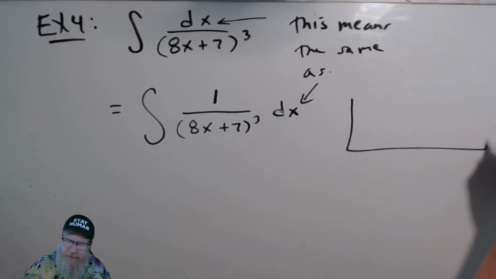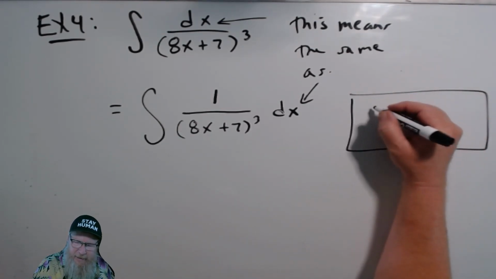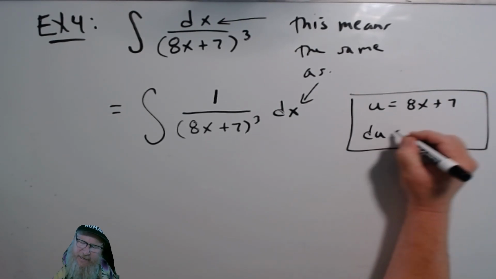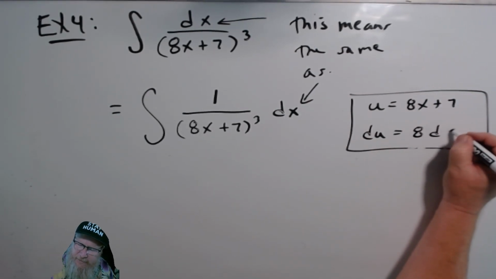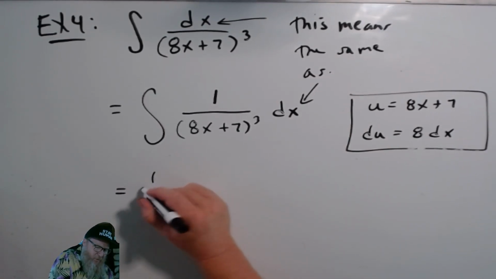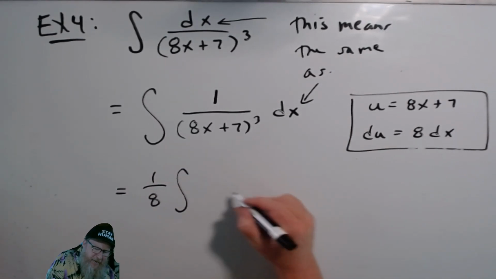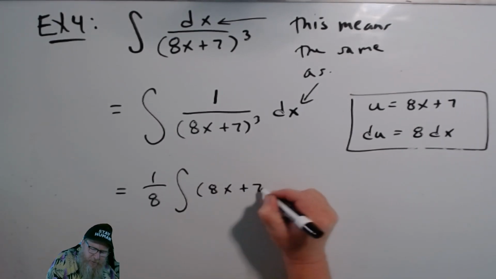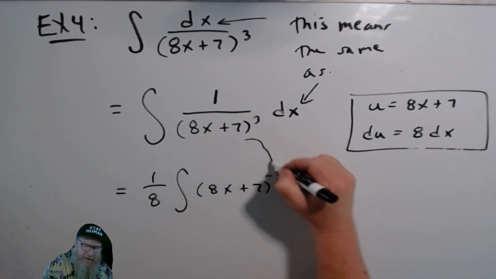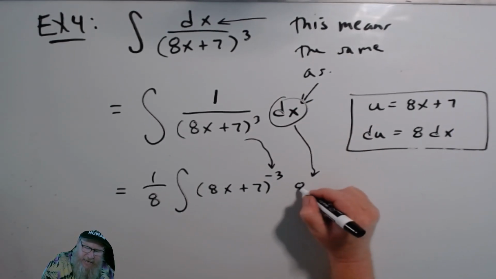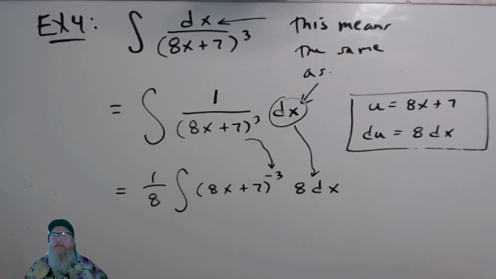So let's go ahead and do it. We got u will be 8x plus 7. So du will just be 8 dx. We don't have an 8, so we'll put a 1/8 on the outside. I'm going to rewrite this as (8x plus 7) to the negative 3, and then I'm going to rewrite my dx as 8 dx.